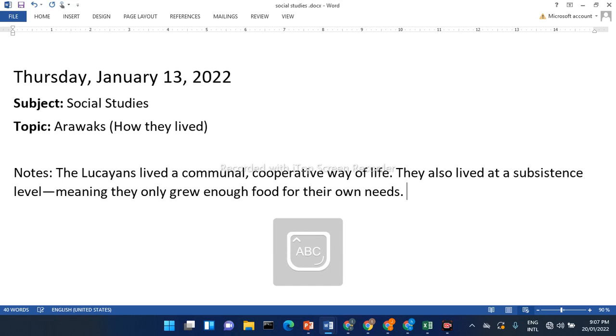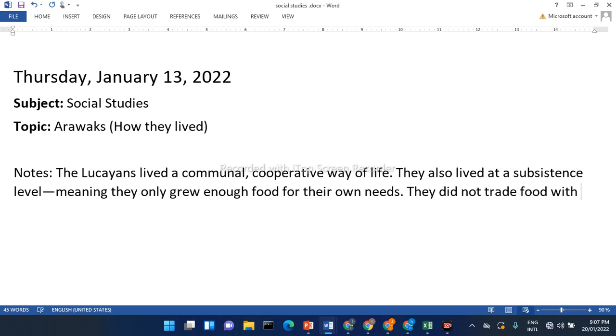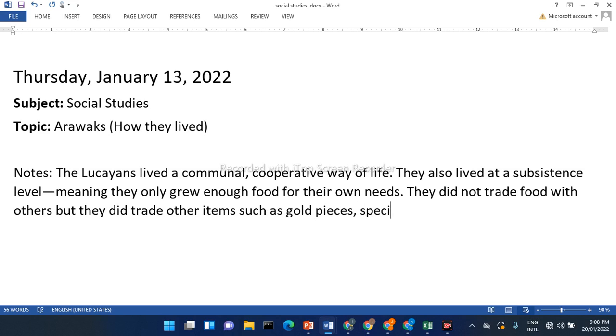They did not trade food with others, but they did trade other items, such as gold pieces, special stones, axe heads, and pottery.